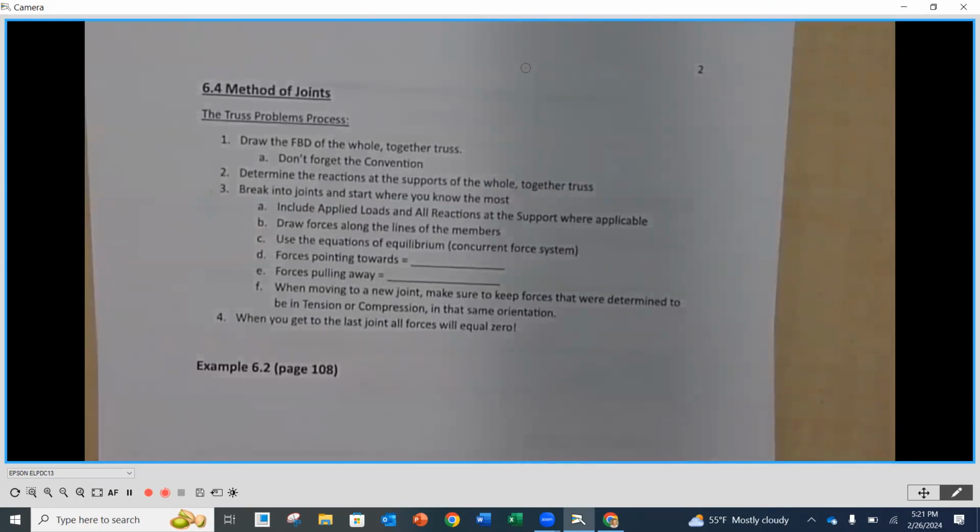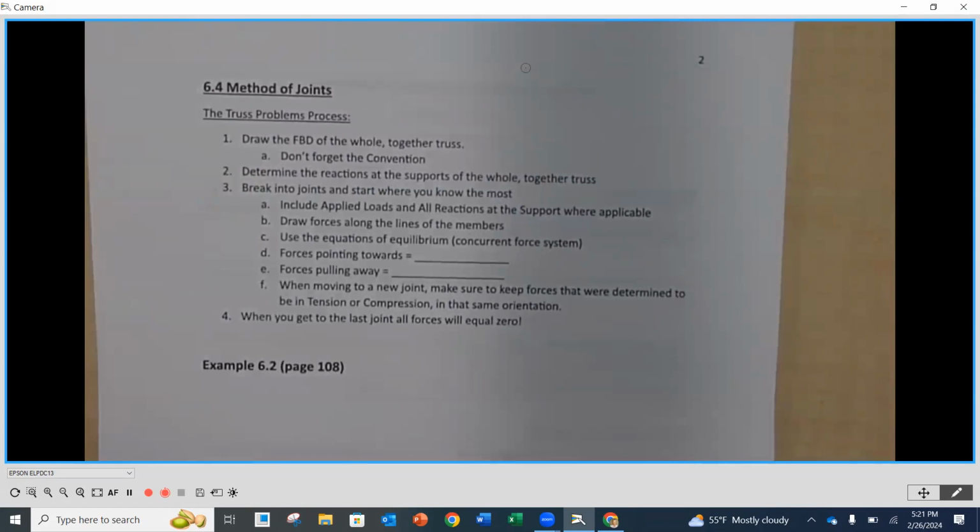We talked about resultants of concurrent force systems, and we talked about equilibrium of concurrent force systems. Concurrent force systems share a common point, whether it is of application or of intersection, okay? That's where we had the forces coming from that same point. Because we're going to be looking at individual joints, everything is coming and is being joined at the joint. It's a concurrent force system.